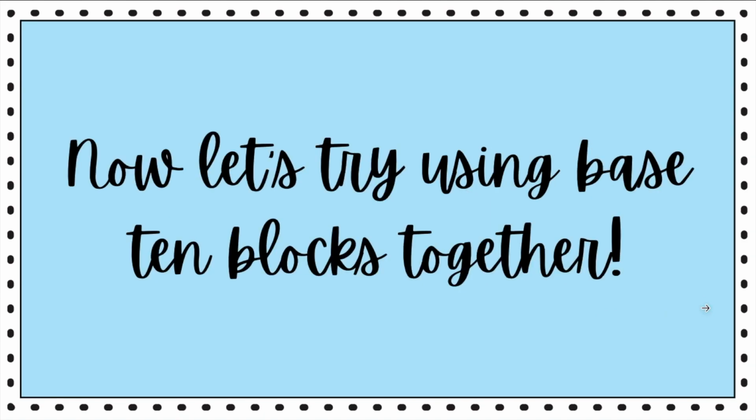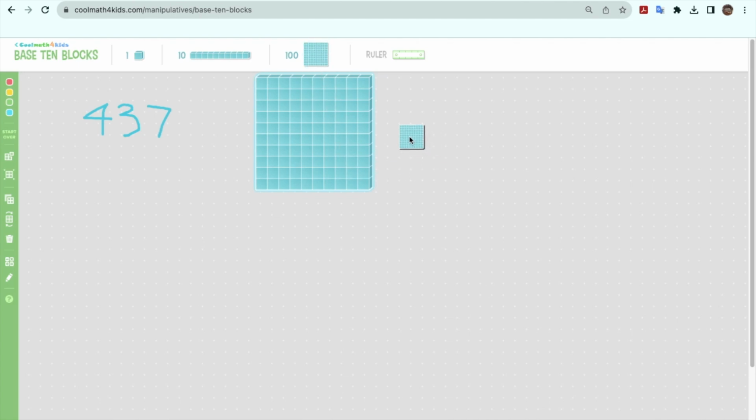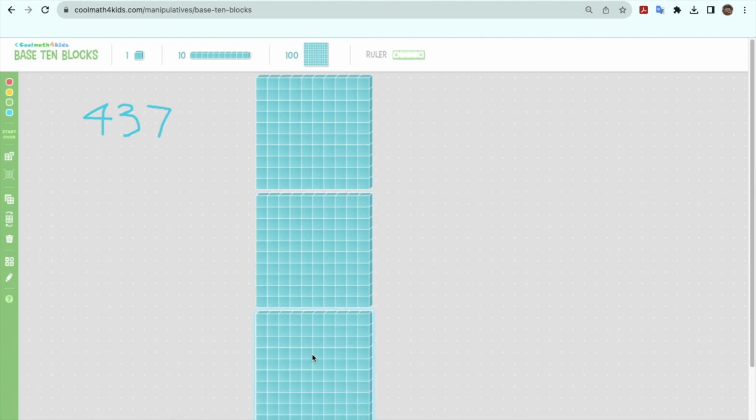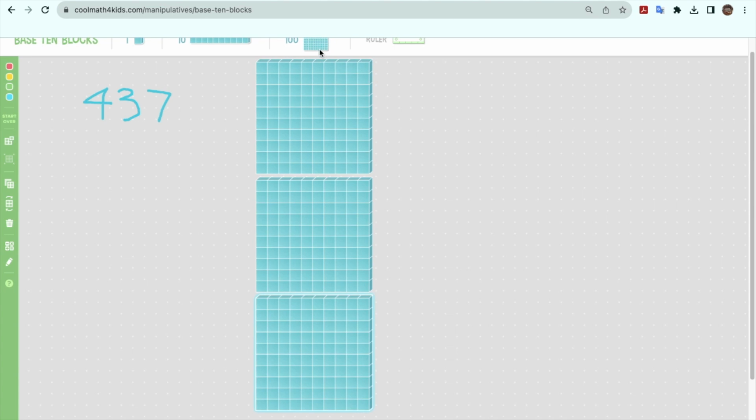Now let's try using base 10 blocks together. Now here are some examples. We're starting with the number 437. With 437, there's 4 flats, which could also be 4 hundreds.